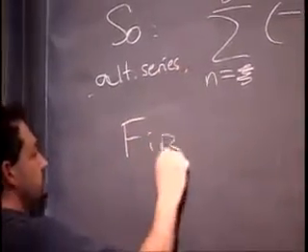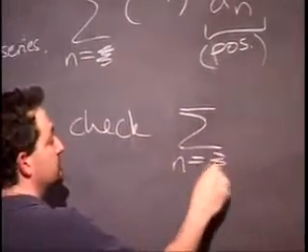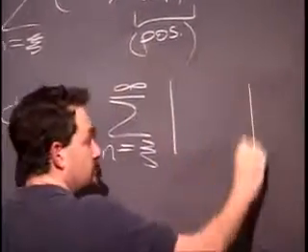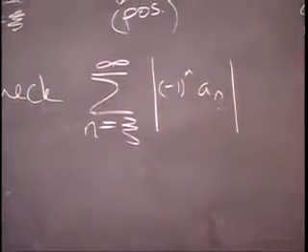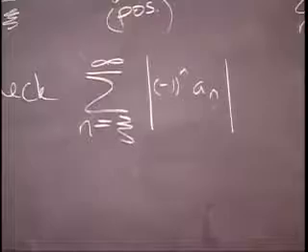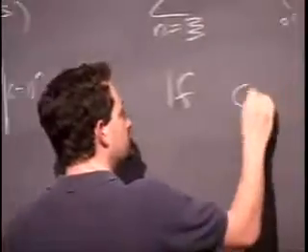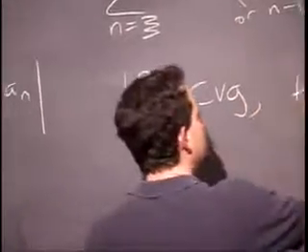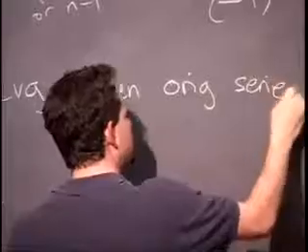first, check the absolute value version. Which, after all, is just the sum of the a_n's. First, check the absolute version. If this converges, then the original series converges absolutely.